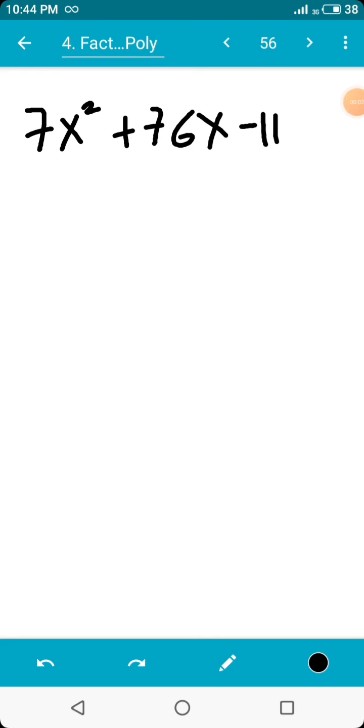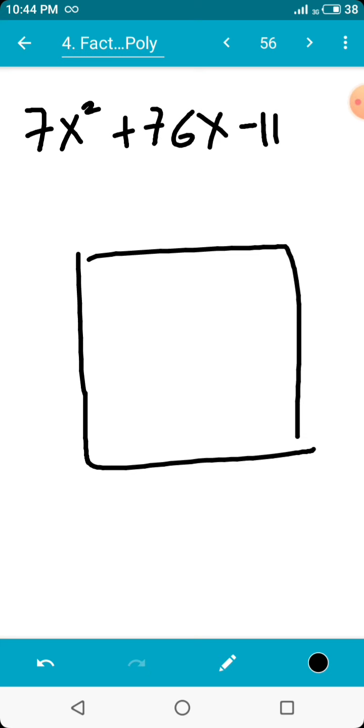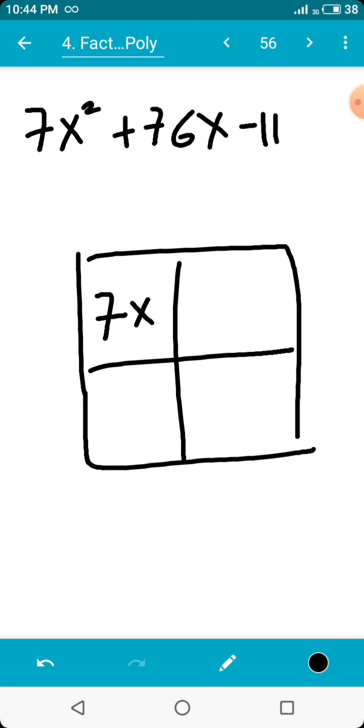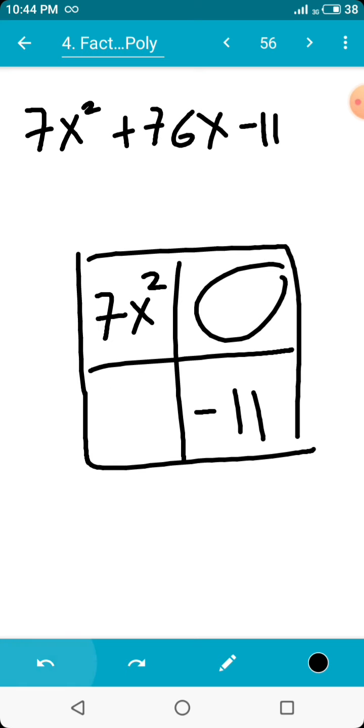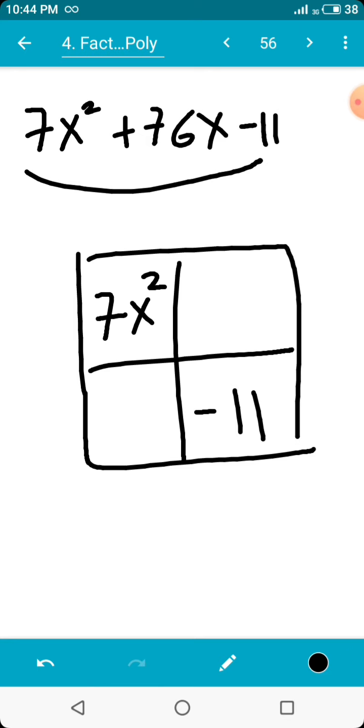Okay, so kunin natin naman yung factors nito gamit yung box method. Okay? So, dito natin ilalagay yung 7x squared. And dito naman yung negative 11. Okay? So, yung para dito, kung naalala nyo, yung factors ng negative 77, which is yung minultiply natin yung 7 tsaka negative 11.